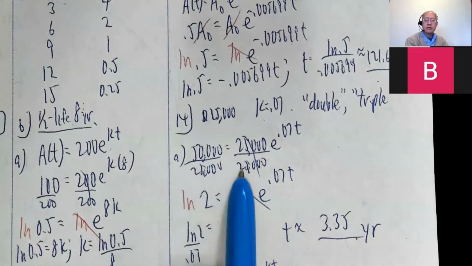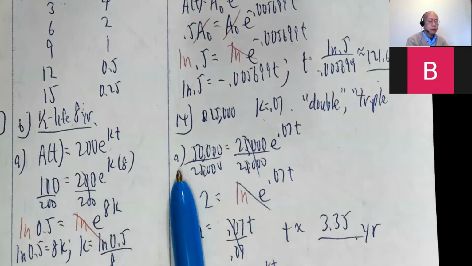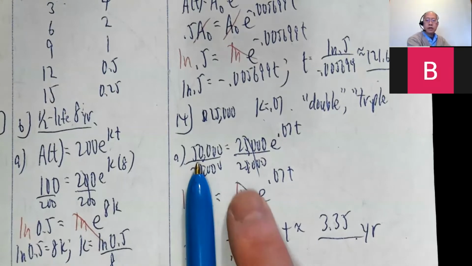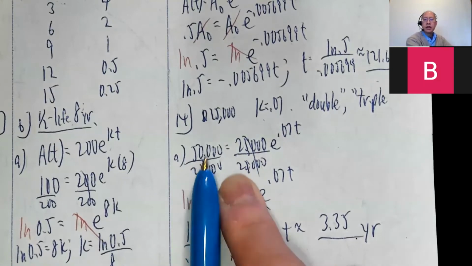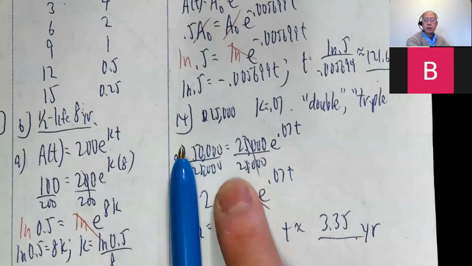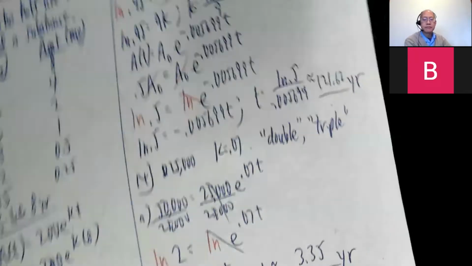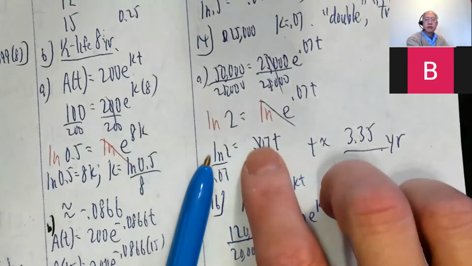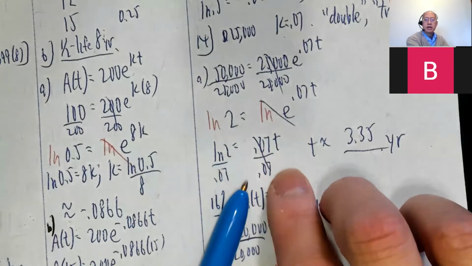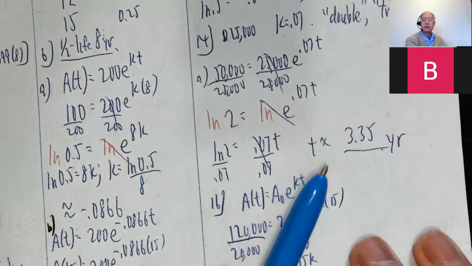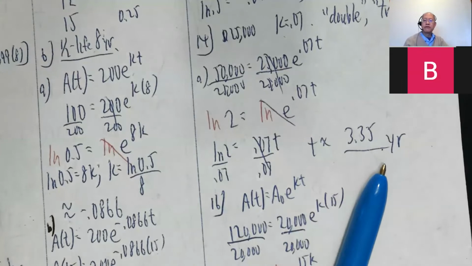Divide by 25,000. 2. 2 equals e to the 0.07t. Interest rate was 0.07. Take the natural log of both sides. After a while, you're just doing the same stuff. ln2 is 0.07t. Divide both sides by 0.07. 3.35 years, it says.